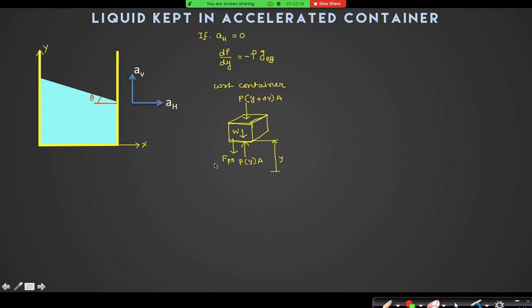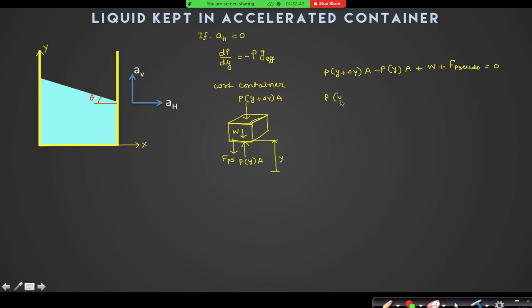Now if you write the equation, you will find P of y plus delta y into A minus P of y into A plus W plus F pseudo equals 0.